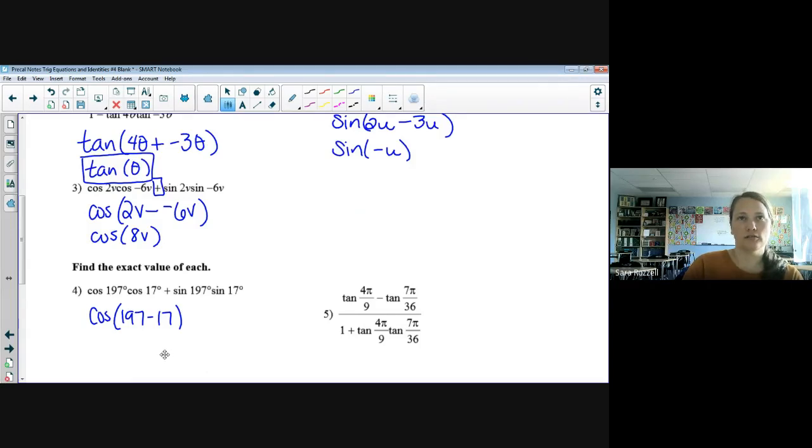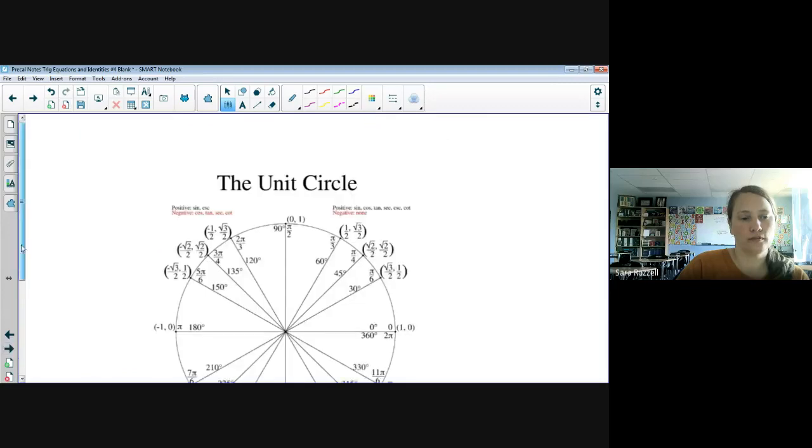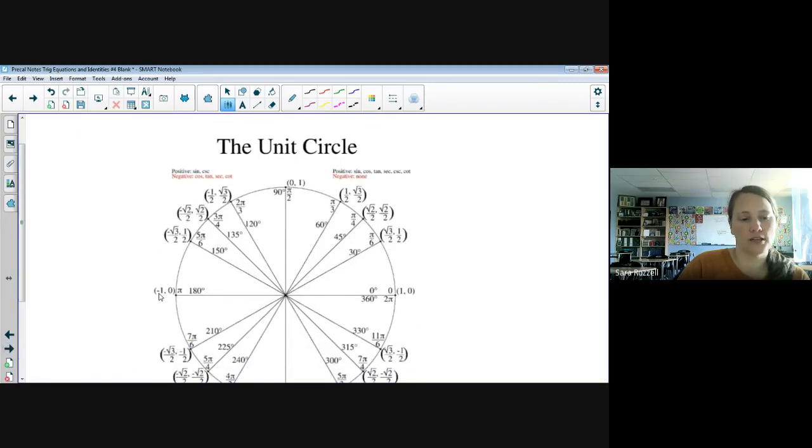Everybody agree? Okay. And then we look at our unit circle and think about what cosine of 180 degrees is. 180 degrees, cosine is the x value, so that is negative 1.